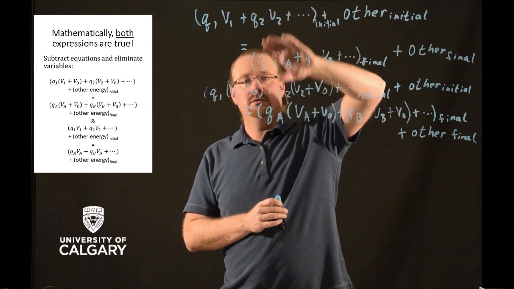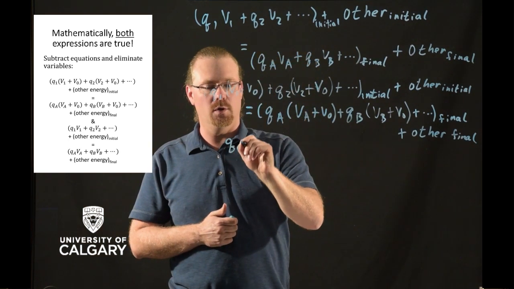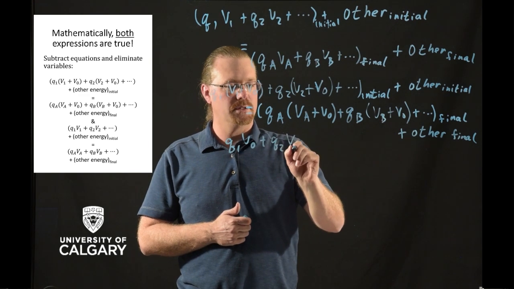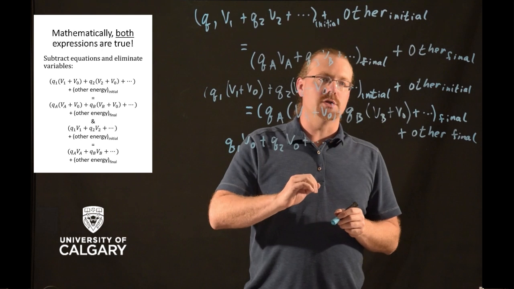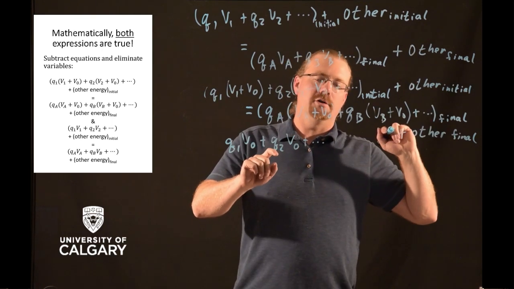So when we subtract this expression from this expression, what we're left with is Q1 V naught plus Q2 V naught plus dot dot dot. Every single charge we start with times V naught, the amount we shifted our electric potential.